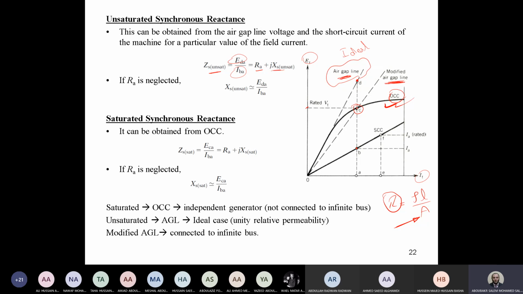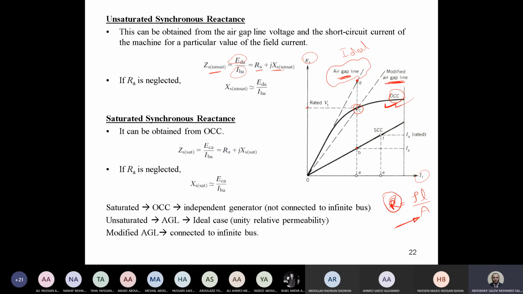And if the machine is small, we expect small current and small cross-section area, and this leads to high resistance. For that, you will find that machines of high rating have small resistance and small copper loss in per unit compared to small machines.